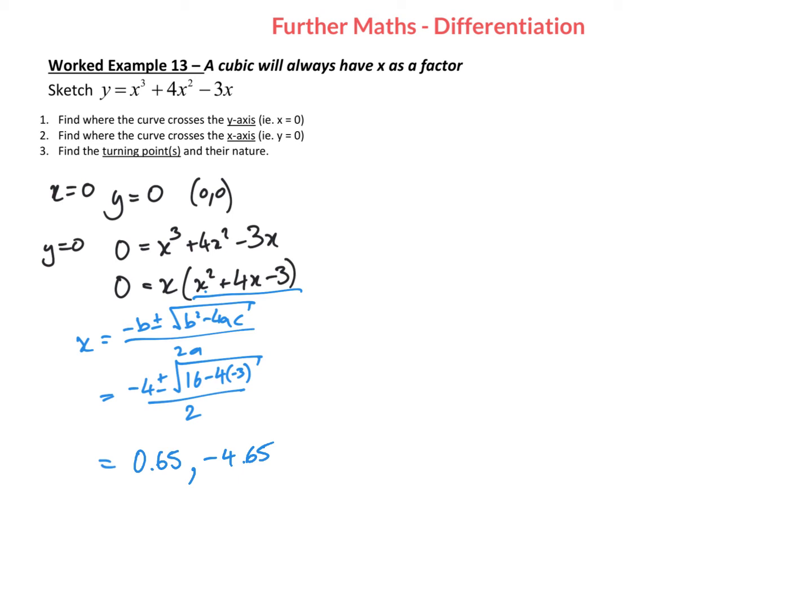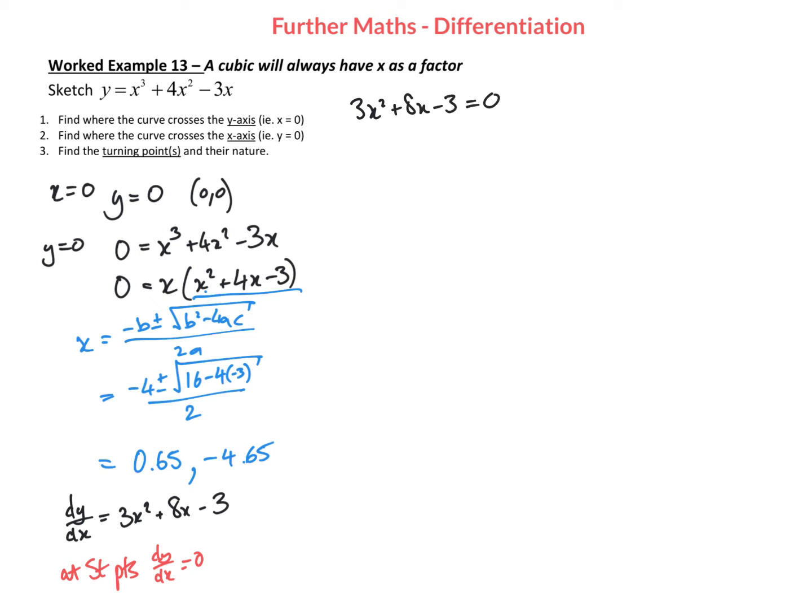So the final thing that we need to do then is to find the turning points of this curve. So we're going to use dy by dx again. When I differentiate here, dy by dx is 3x squared plus 8x minus 3. And we know that at stationary points, dy by dx equals 0. So 3x squared plus 8x minus 3 equals 0. And this is one that we can factorize.